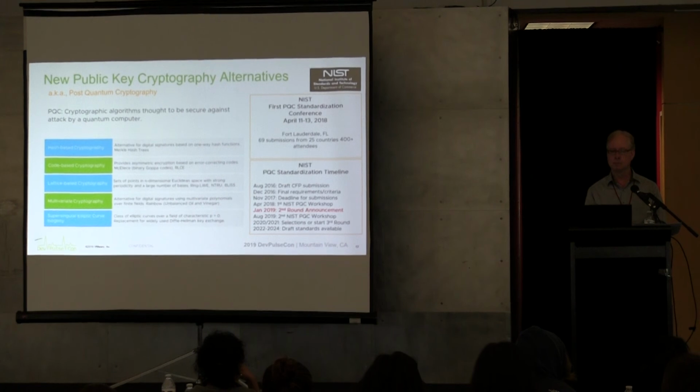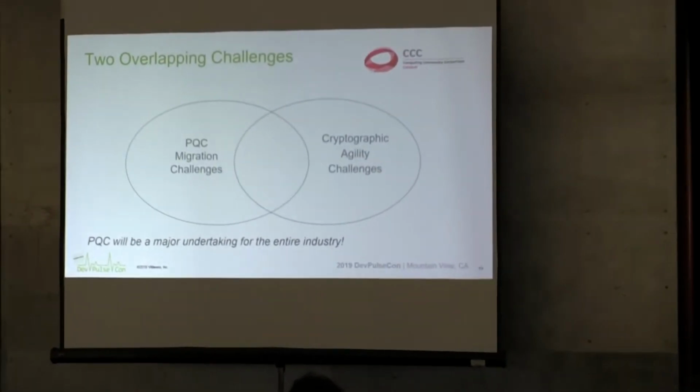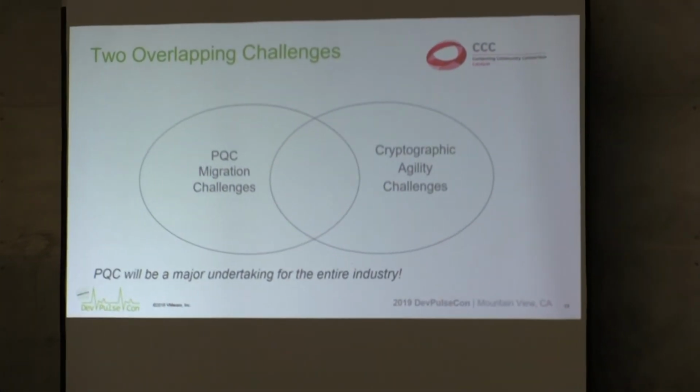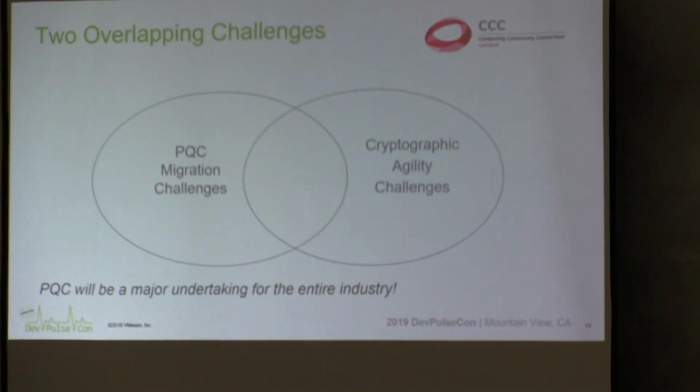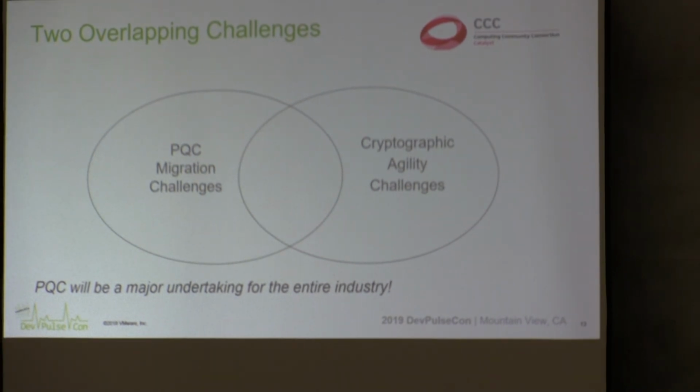And so, in addition to choosing the right standards, I just want to mention that the prospect of migrating our whole industry from well-known algorithms that we're using now, like RSA, to these new post-quantum cryptography standards will be a major undertaking. And why?